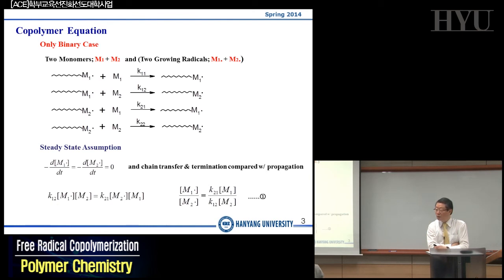So equation number 2 and equation number 3 will be exactly the same, so that we can derive equation number 1 here, which means that the ratio of the radical concentrations during the polymerization can be expressed as known constants and known concentrations.